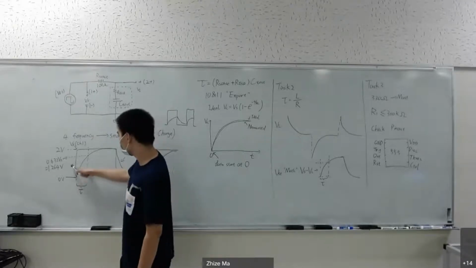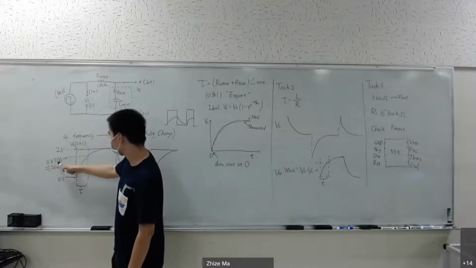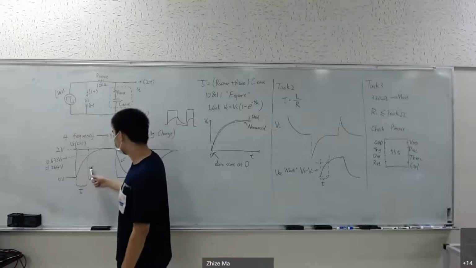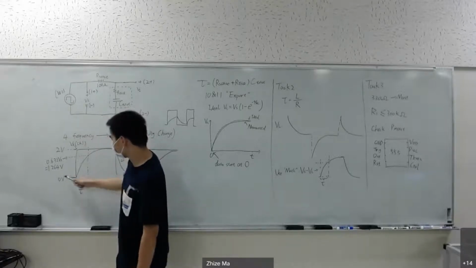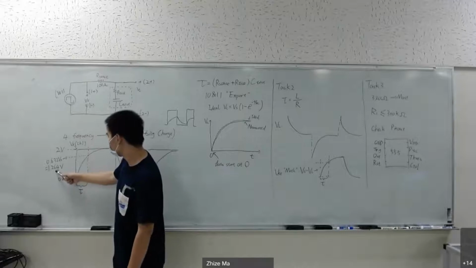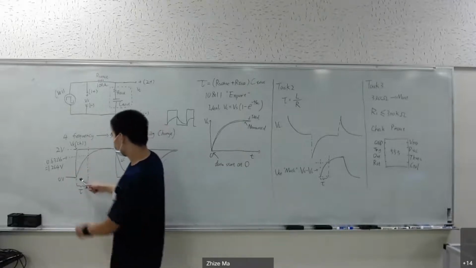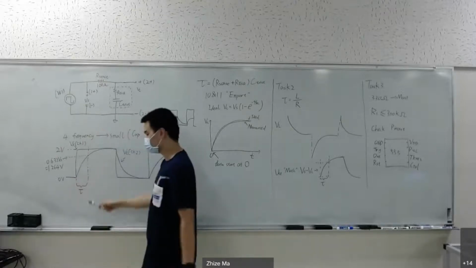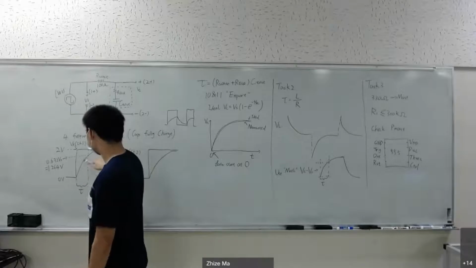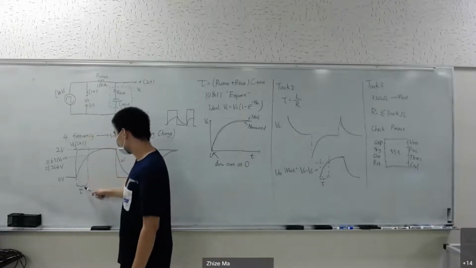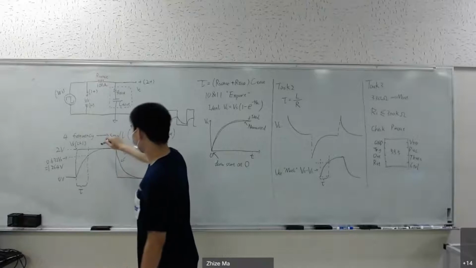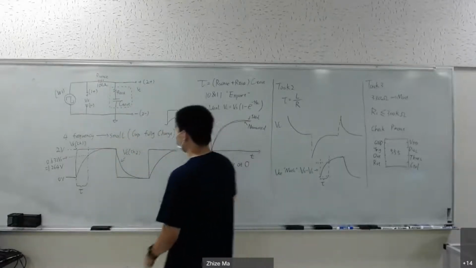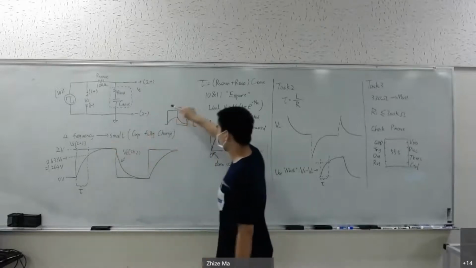Here we have the time constant tau. The time constant is the time when the capacitor charges to 0.632 Vs. Here Vs is 2 volts, so when the capacitor charges to 1.264 volts, the time to charge is the time constant tau. Then you can use that to measure the time constant. This explains why you want the frequency small enough. If the frequency is too high, the plot will be something like this.